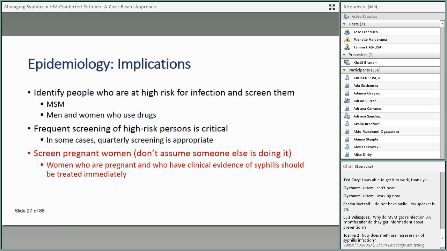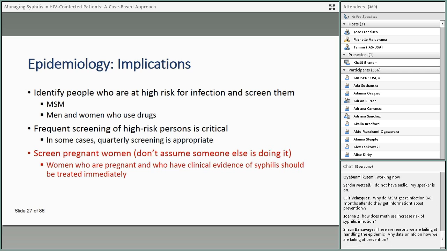And then they tell you who those people are, and those are people with multiple or anonymous sex partners, a recent bacterial STI, use of recreational substances, including meth, participation in sex parties or sex in other high-risk venues, and participation in any type of transactional sex. So these are, in particular, the people that you should be screening more frequently.